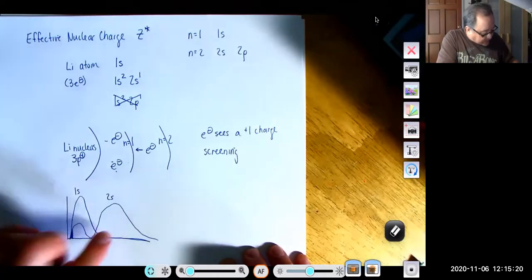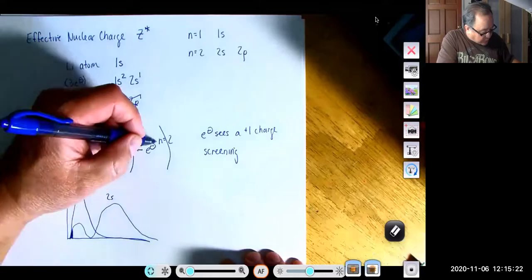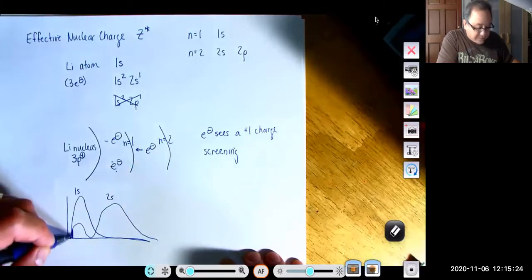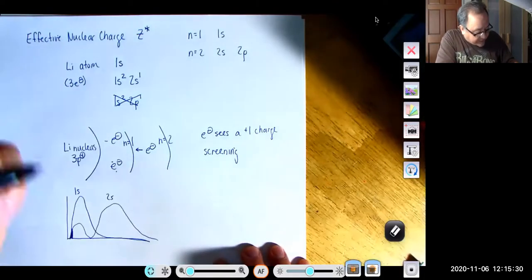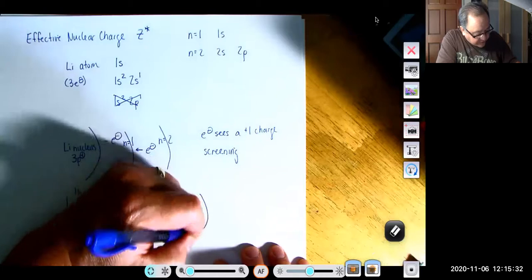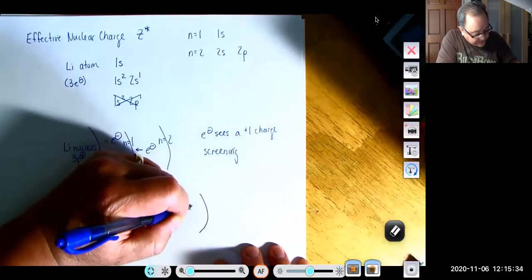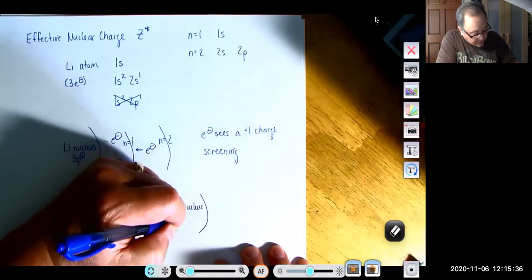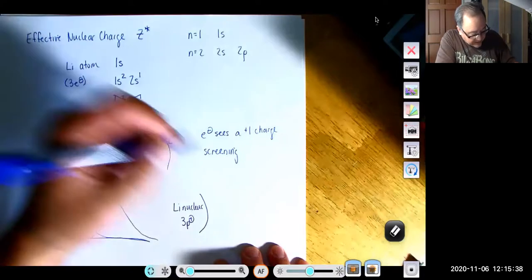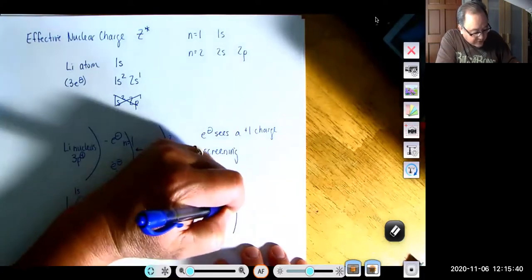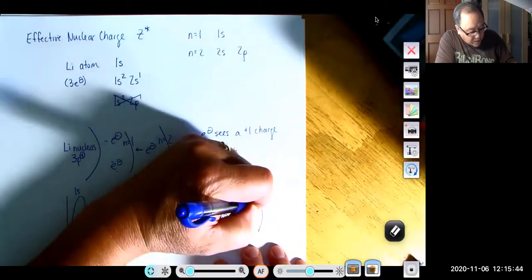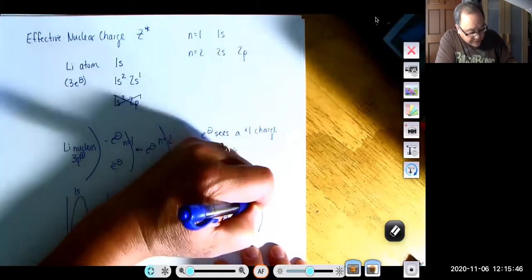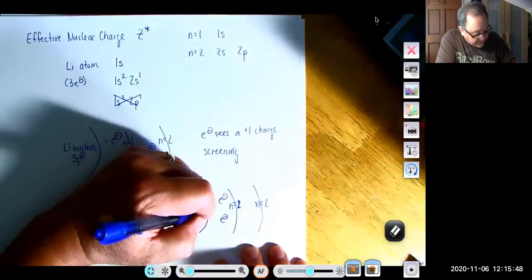So here, imagine that this 2s electron is right here. It's right there, very close to the nucleus. In this case, you would see this. So here's your lithium nucleus with a +3 charge. And here's your n equal 1 electrons, excuse me. And here's your n equal 2.